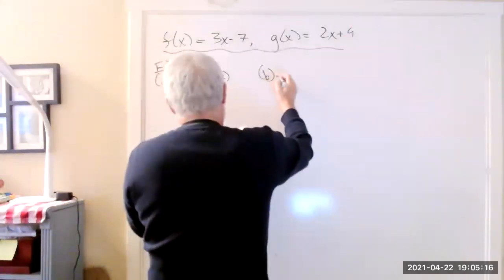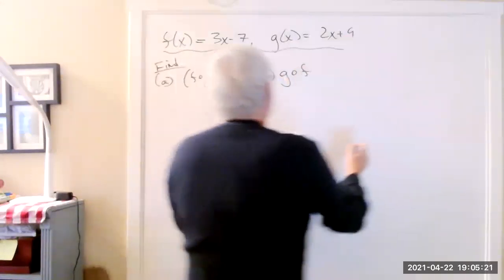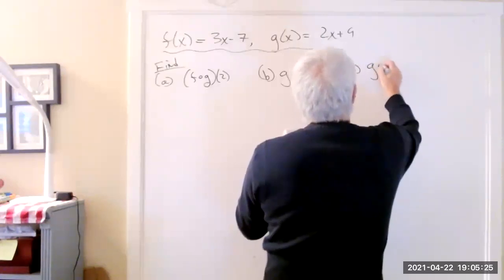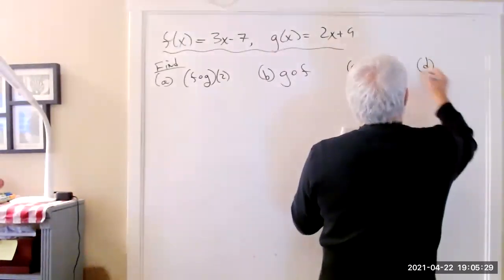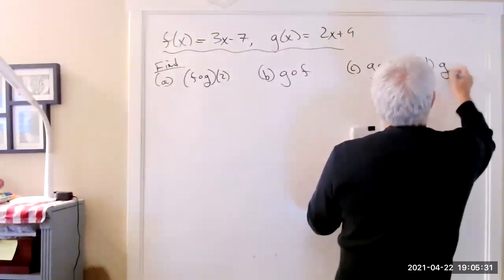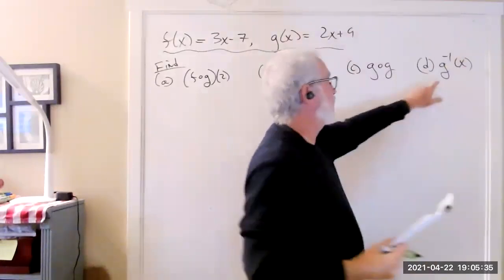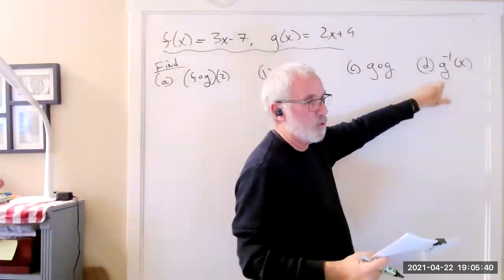B, g composed with f. C, g composed with g. And D, g inverse of x. And when I say that, I mean find the rule or the formula, not the sketch, but the rule.